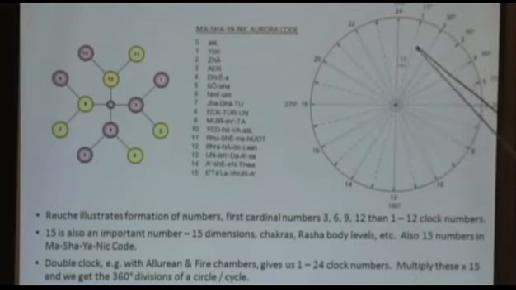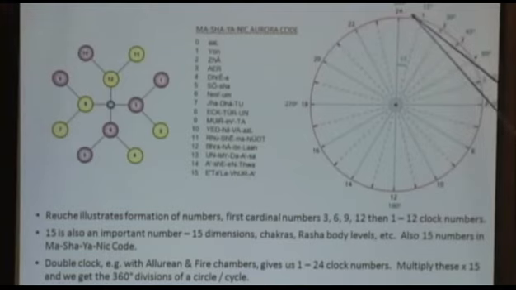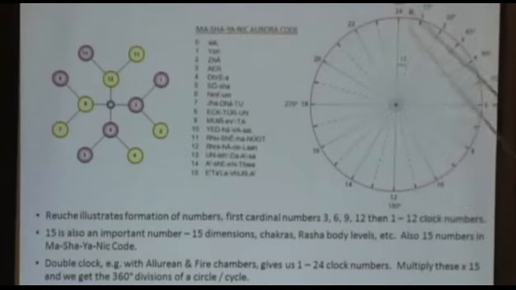If we further divide each of these divisions by 15, we do that by multiplying each of the positions on the 24-point clock by 15. When we do that, we get the degrees of a circle. So we get 15, 30, 45 degrees, 90 degrees here at the quadrant point, and we get 360 degrees all the way around.